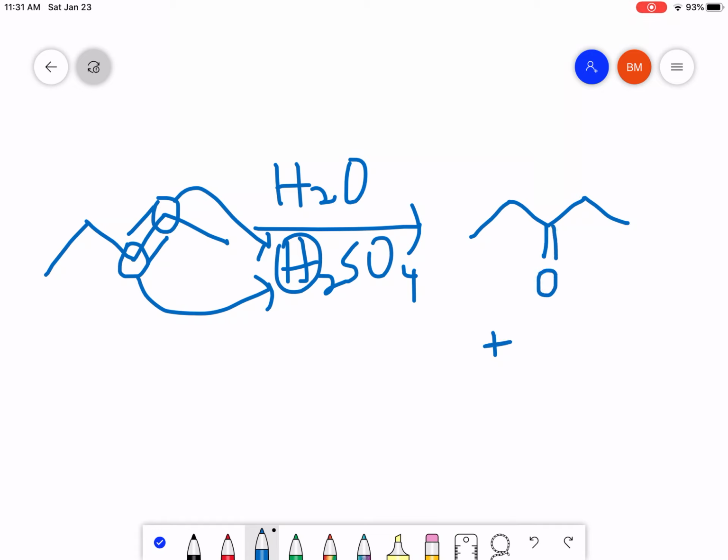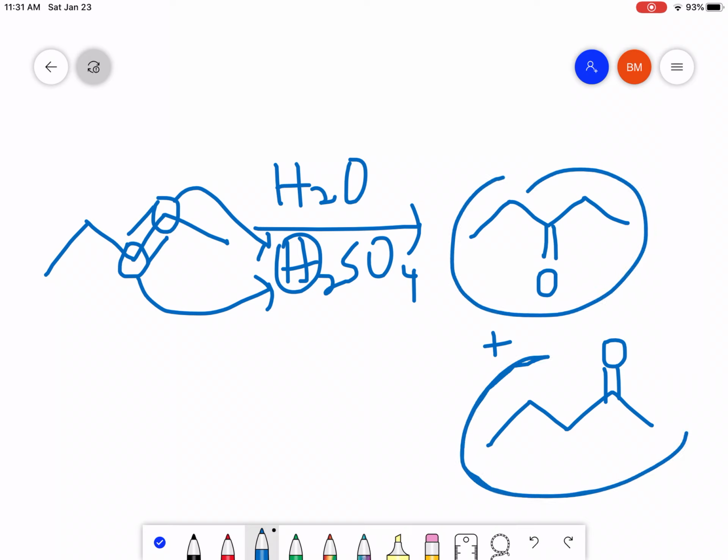So either one of those carbons in the triple bond could end up with your carbonyl group, because this initial proton in the first step could go to either one of them. So sometimes you will end up with a mixture of products whenever you do this reaction. Other times you won't. Just pay very close attention to that first step of the mechanism. See how many different carbocations you can make.